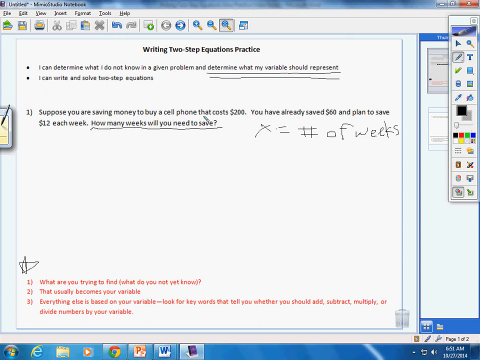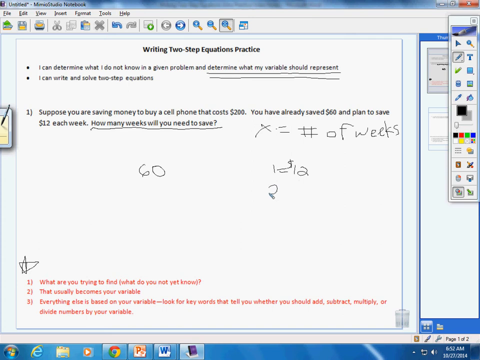Suppose you're saving money to buy a cell phone that costs $200. You already saved $60. Okay, so that's good to know. We already have $60 in the bank, and we plan to save $12 each week. So after 1 week, let's think about this. After 1 week, you should have $12 more saved, right?